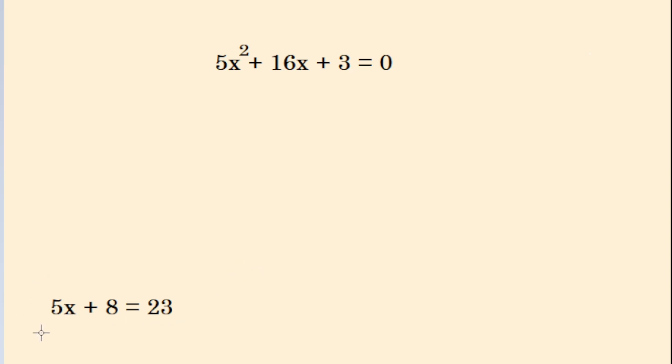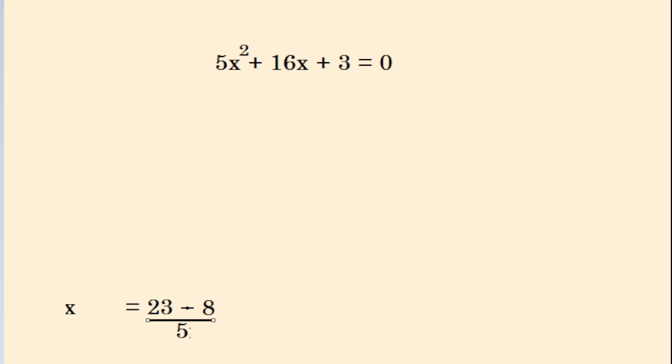Linear equations are that simple, you know them. All you have to do is move numbers to one side and leave letters on the other. So you can have plus 8, you move it to the other side, it becomes minus. There it's a multiple of 5, you move it to the other side, it becomes division.